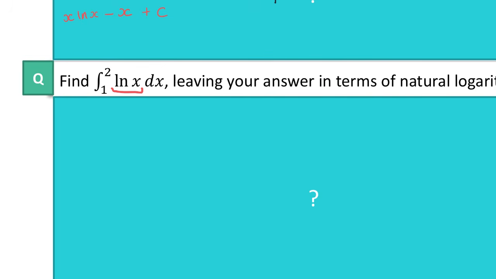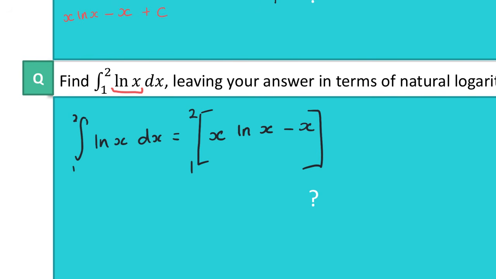So we know that the integral between 2 and 1 of ln of x with respect to x is also between 2 and 1 of x ln x minus x. So we've just integrated up there. Everyone knows how to substitute these values in. This is back to pure 2. We've been doing this for years.